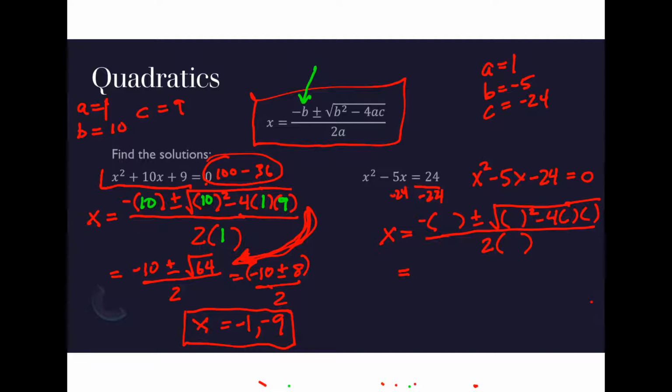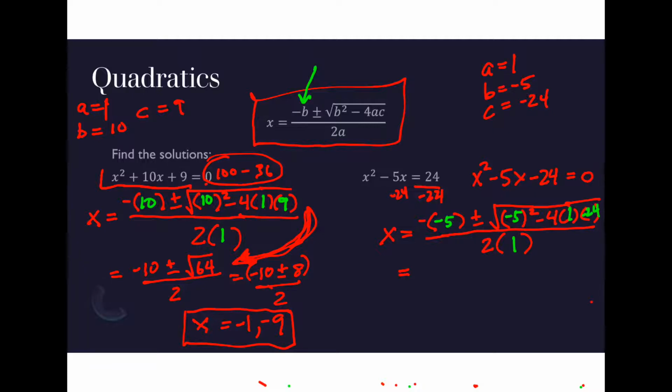Okay, so b in this case is negative 5, so I'm going to plug that in there. And then that's negative 5 squared. And a is 1, and c is negative 24. And then a is 1.